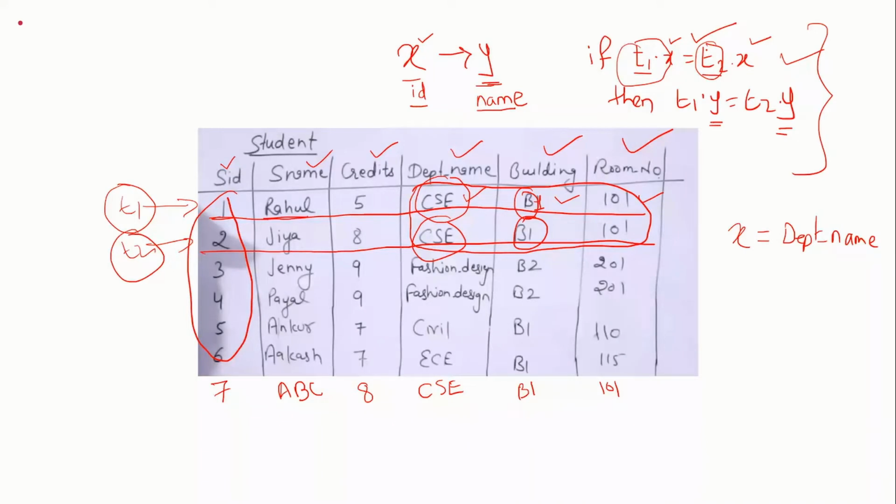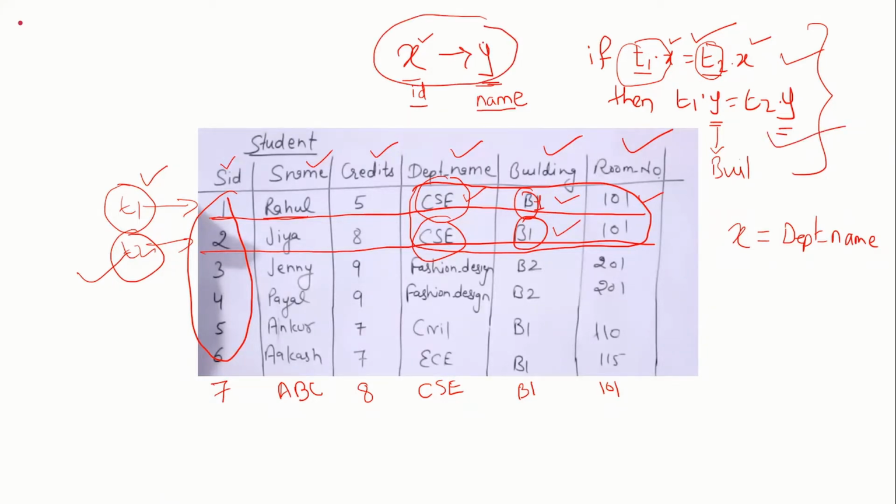When it is true, then we have to check the next column, that is Y, and suppose Y is building. So we check T1 dot Y, that is the building, which is B1 here. T2 dot Y is also B1 here, so this dependency is true.